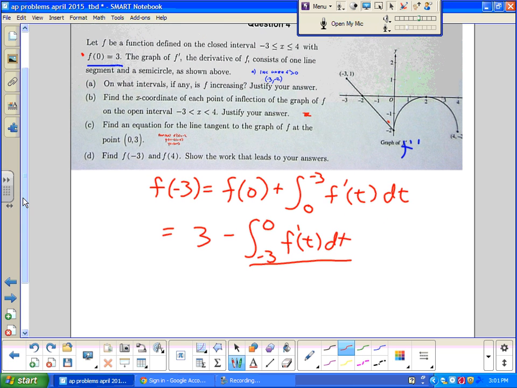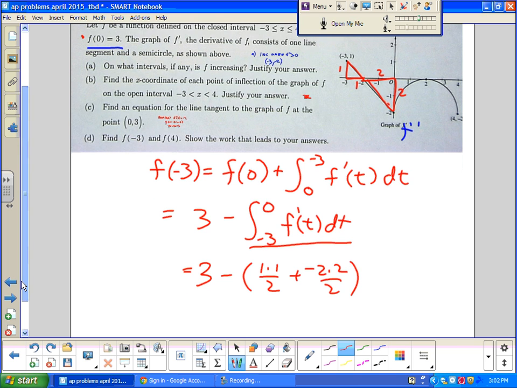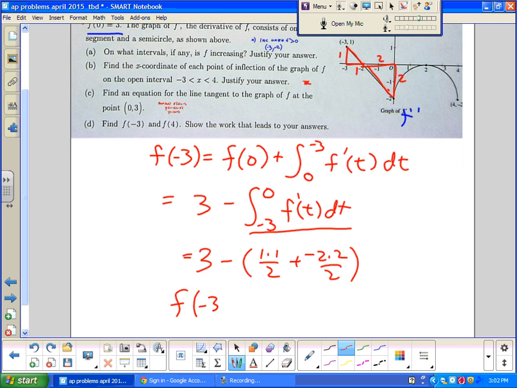So all you have to do is find the area of this triangle that's positive, the area of this triangle, which is negative. 1 by 1, 2 by 2. Here we go. 3 minus. The area of the first triangle is 1 times 1 divided by 2. That's positive. The second triangle is negative because it's below the x-axis. We've got to do a little bit of math here. And I get f of negative 3 equals 4.5 when you do the math.